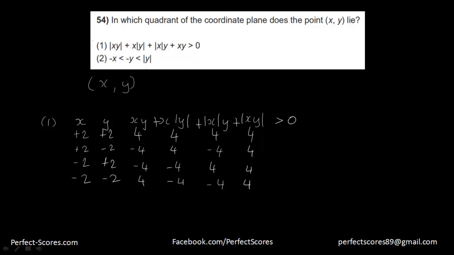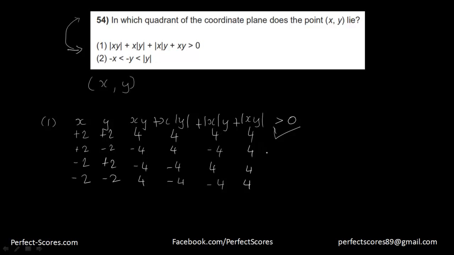Right? If the values meet this fact, then only can I check what the signs of x and y are. Now over here, 4 plus 4 plus 4 plus 4 is greater than 0. That means these values pass for me to check, and these values are actually satisfying the fact.